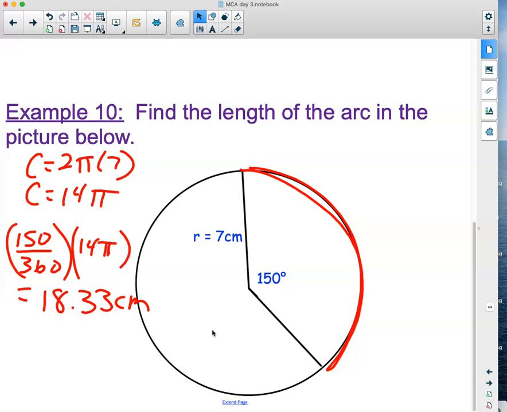Got it? 18.33. If it's not working out, let me know. We'll talk through it. Remember, always put those fractions in parentheses, and your calculator will just piece of cake this thing. It'll give it to you very quickly and easily.